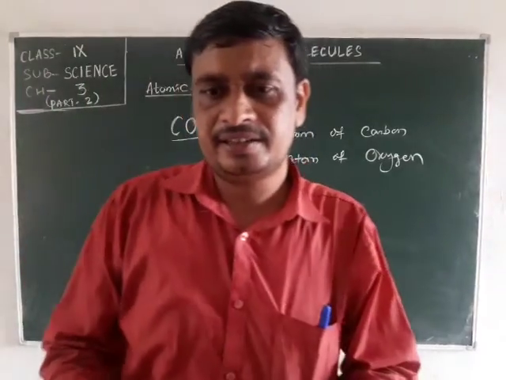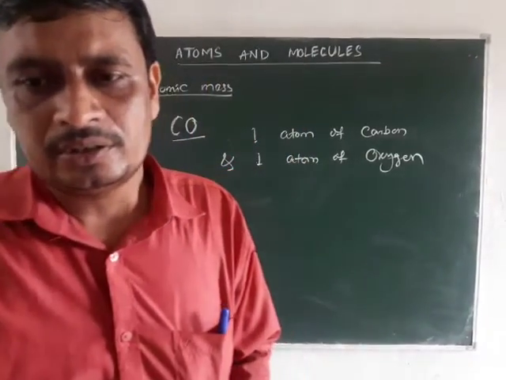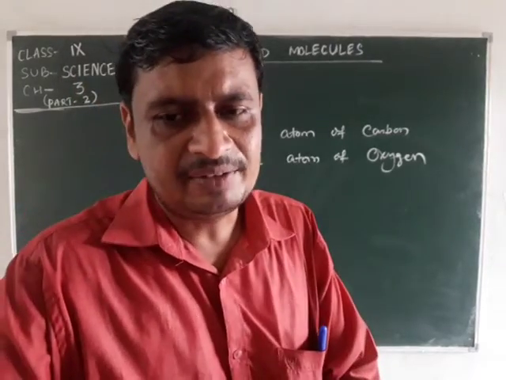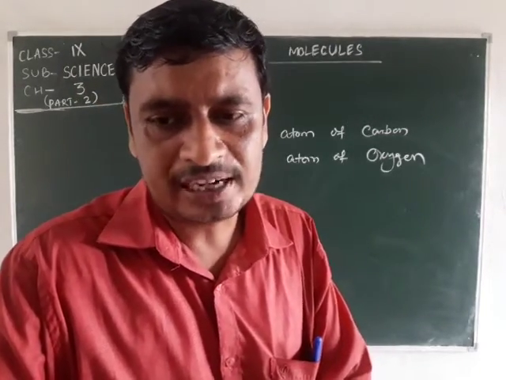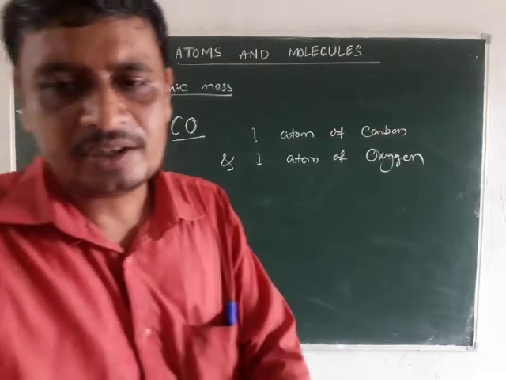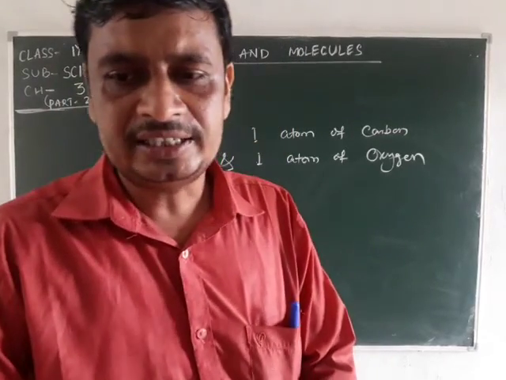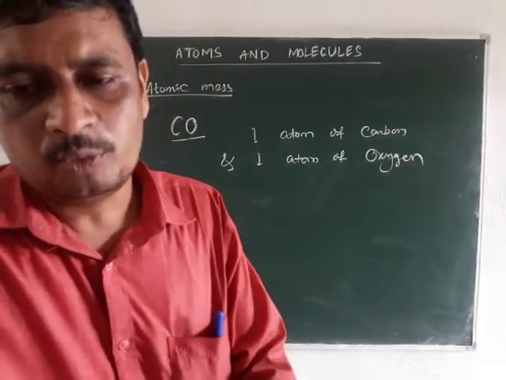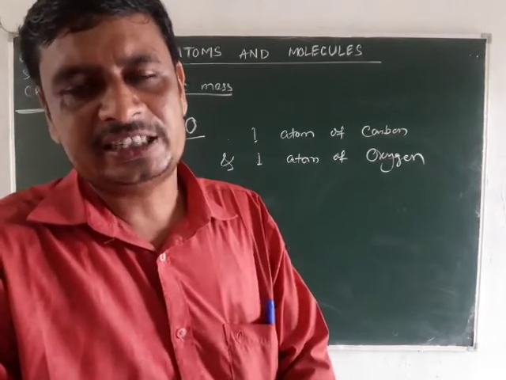Let us take an experiment: 3 gram of carbon combines with 4 gram of oxygen to form carbon monoxide. Here the carbon combines with 4 by 3 times its mass of oxygen.